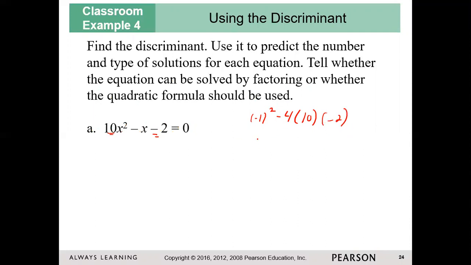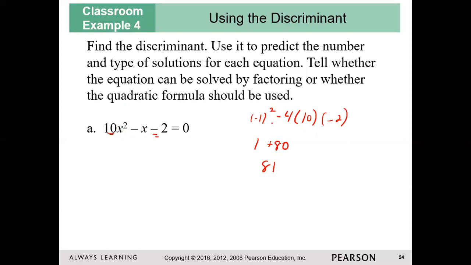So this is going to be 1, and then this is going to be negative 40 times negative 2 is positive 80. So 1 plus 80 is 81, which is a perfect square, which means this is factorable. Okay, so you could have factored this to get your answer.